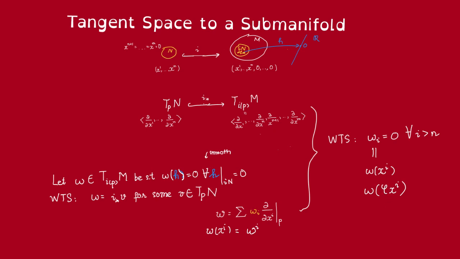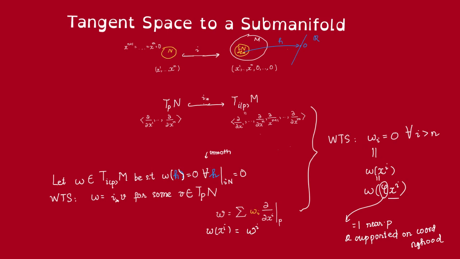We take this bump function, where we require that it's 1 at p and near p, and then it's supported in this coordinate neighborhood, and then we extend it by 0 all around N. Because the value of this pairing only matters on a small neighborhood anyway, these two values are the same.